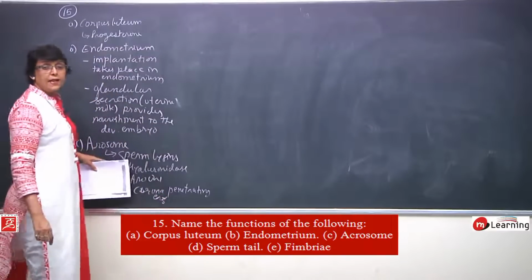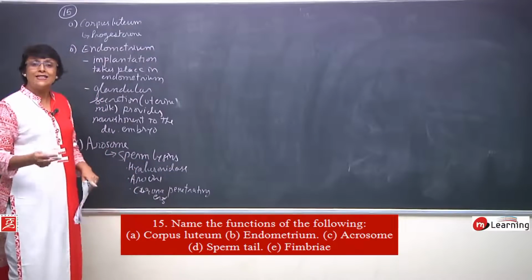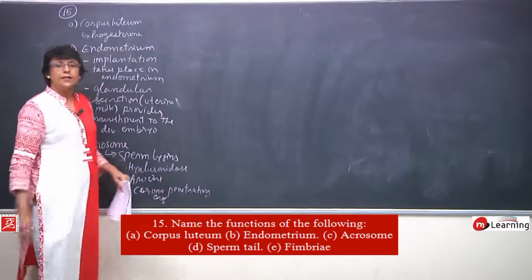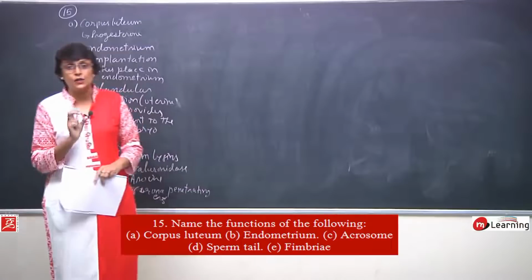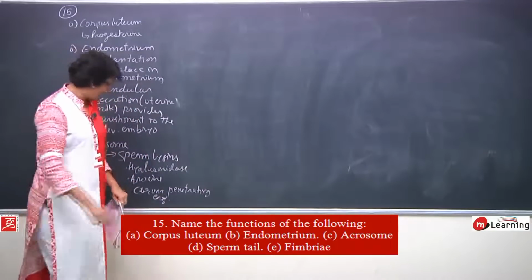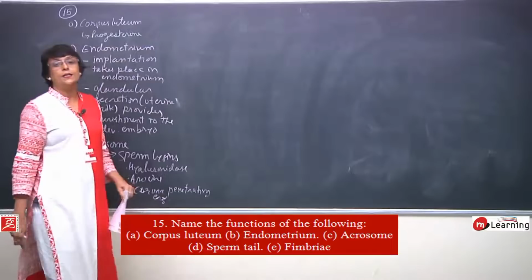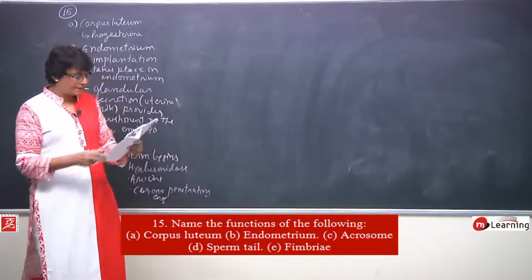So this acrosome secretes sperm lysins. The function of these is to digest the layers. Hyaluronidase digests the hyaluronic acid which binds the cells of corona radiata. Acrosin digests the zona pellucida, and corona penetrating enzyme digests the cells of the corona radiata.